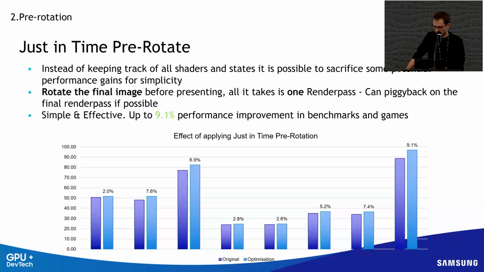Here you might want to note that many engines already do a blit of the final image to the swapchain, which is a perfect place to do the pre-rotation. You already do the work, you can just rotate it as well. Basically free, and you get performance benefits.